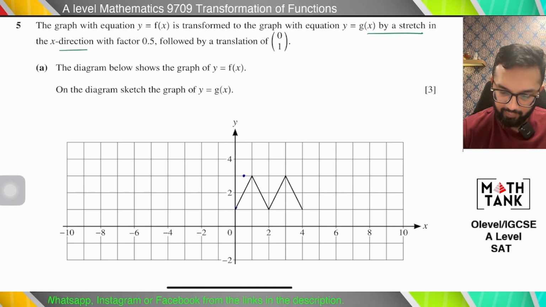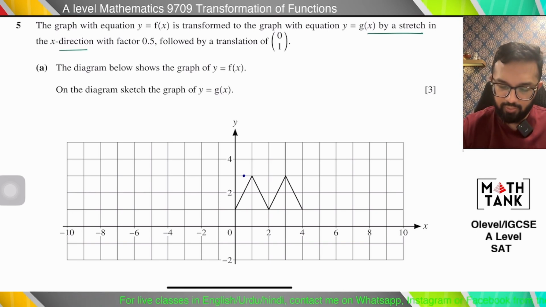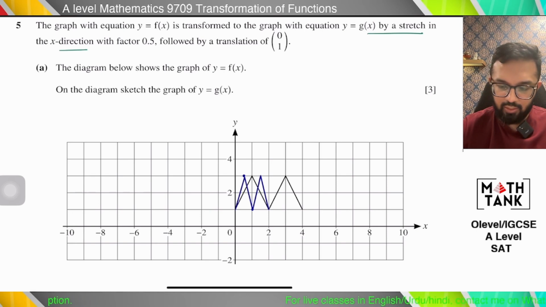A factor of 0.5 would make the stretch something like this. So this point would appear here, and then I would have another one here.